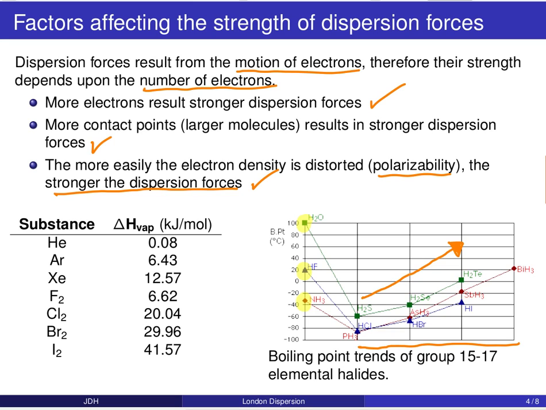And of course, we know that that maps directly onto a steady increase in the strength of the intermolecular interactions. Now, we know already that none of these guys are engaging in hydrogen bonding, right? This increase in boiling point, increase in strength of intermolecular interactions as we go to these heavier elements must be attributed to something else. And it is in fact the result of these dispersion forces, right?